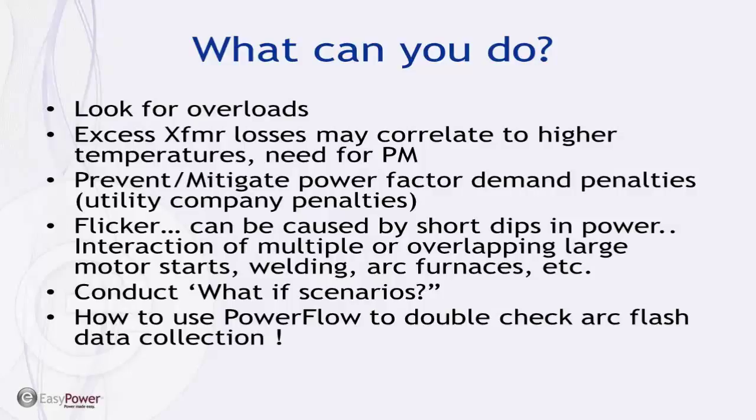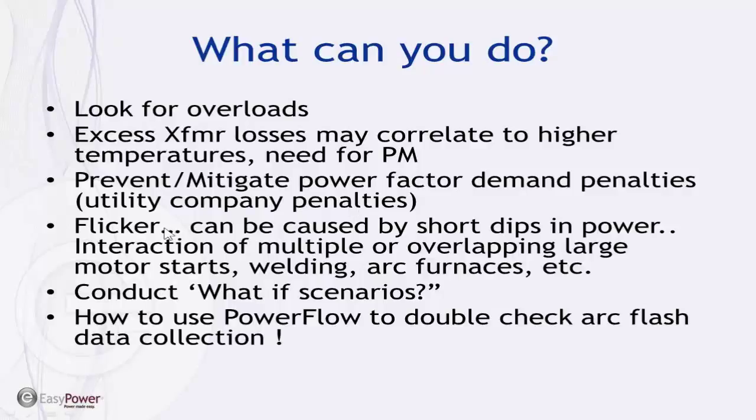What the tool gives us is a baseline, and as we compare that against our actual measurements, we can determine two things: one, if the model is correct or not, and how much the ideal or design system varies from the real system as things are being measured, and it's that difference that allows us to improve the operation of the system. Another area where there can be a realizable cost benefit is the ability to mitigate power factor demand penalties if we've been able to identify them and they're showing up on our electric bill.